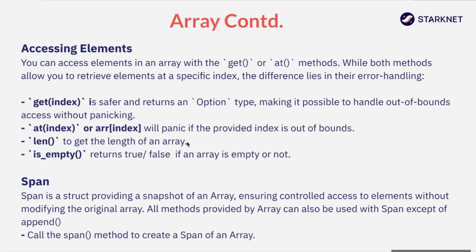Also if you want to get the length of an array, you use the length method. And if you want to check if an array list is empty, you can use the is empty method to also get that.